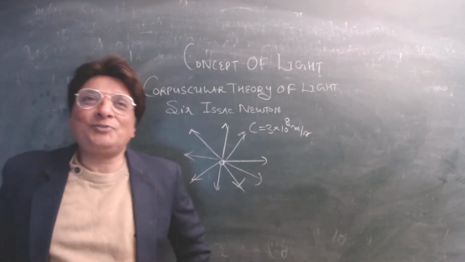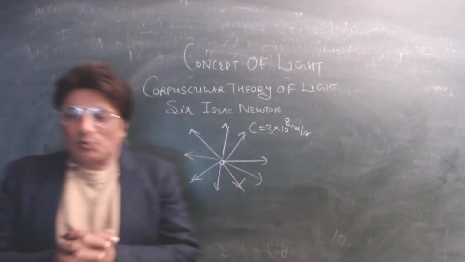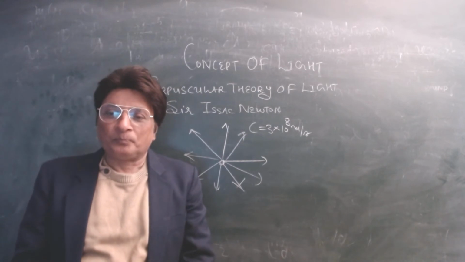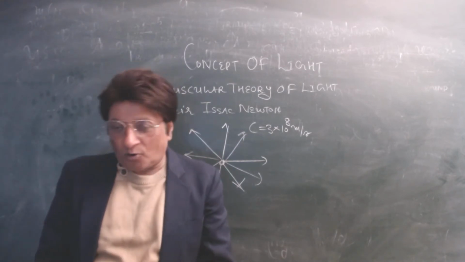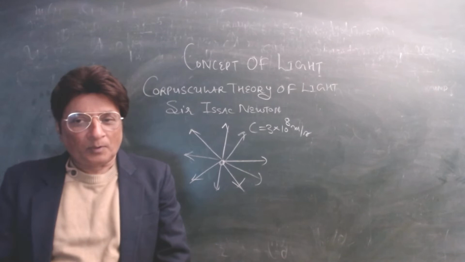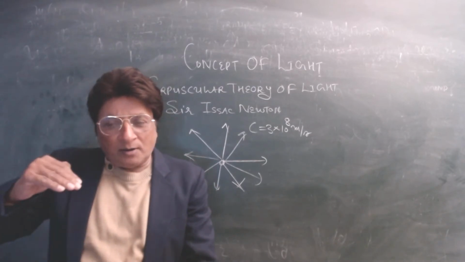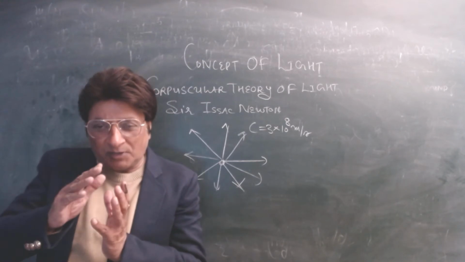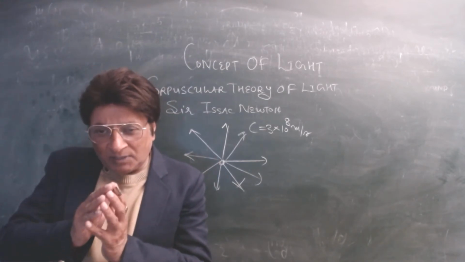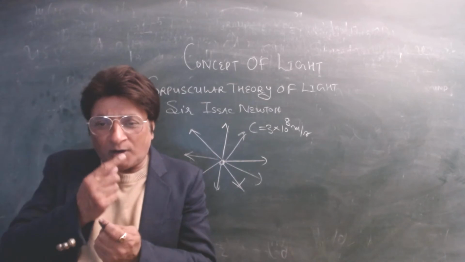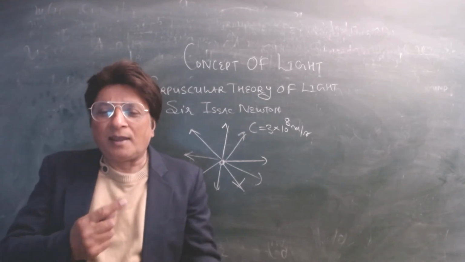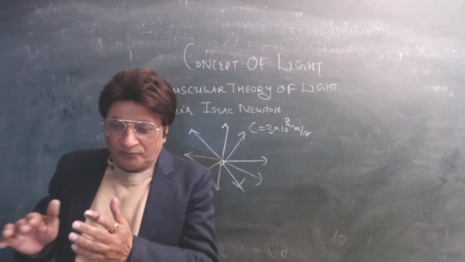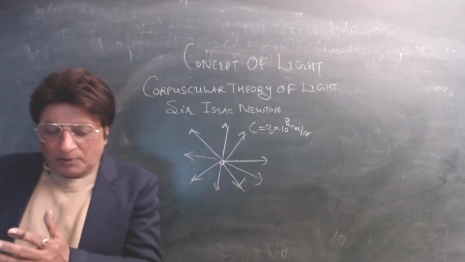Actually, Sir Isaac Newton played a very vital role in mechanics, that is why that mechanics is called classical mechanics. According to Newton, one corpuscle collides with another corpuscle, and that is purely an elastic collision. There is no loss of energy. So that explains the propagation of light.